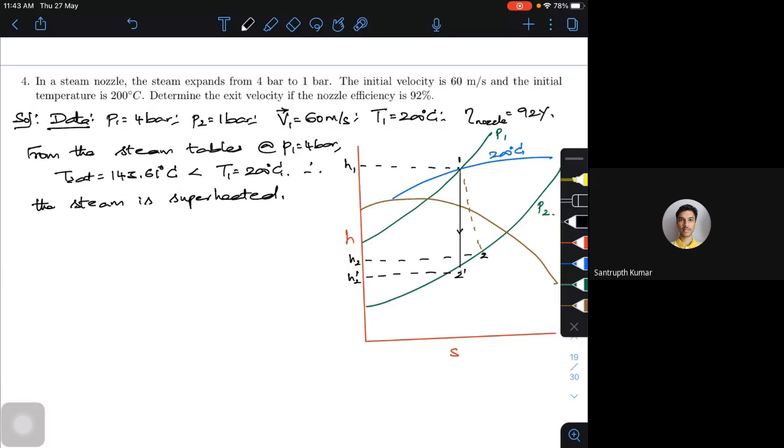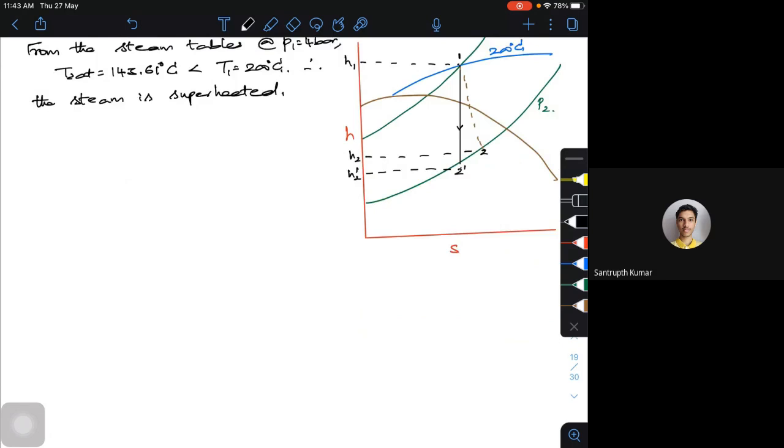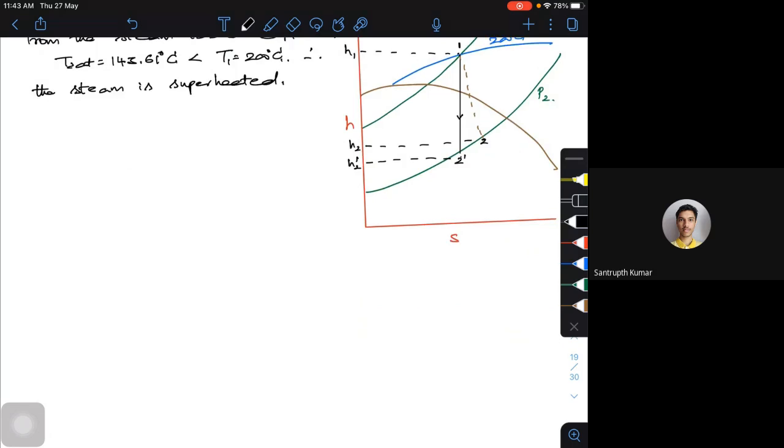Now let me go to the steam tables. You should get versed in using both steam tables as well as the Mollier chart. So at P1 equal to 4 bar, let us write all the values.